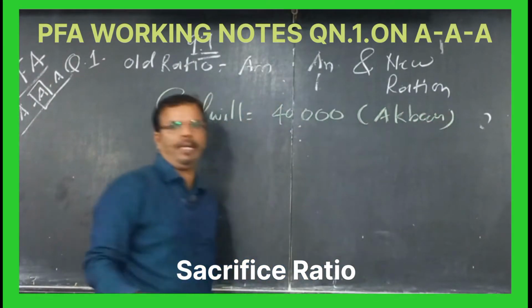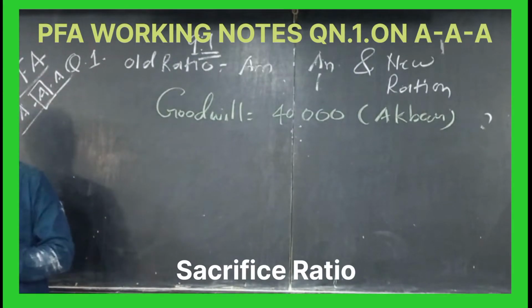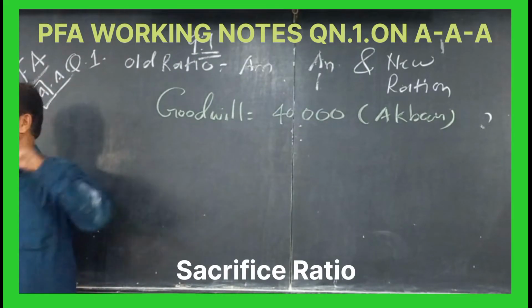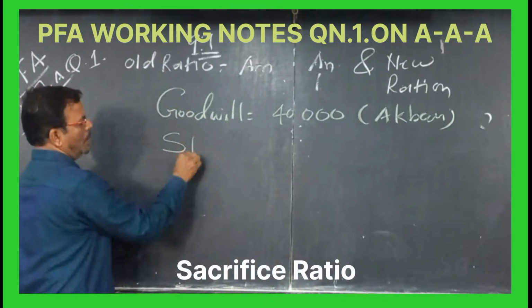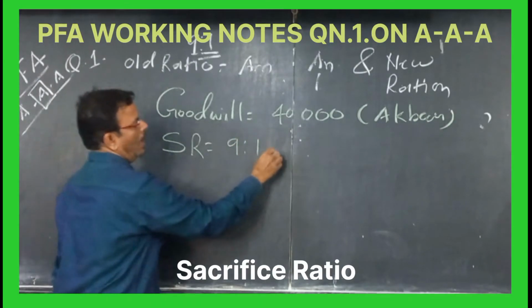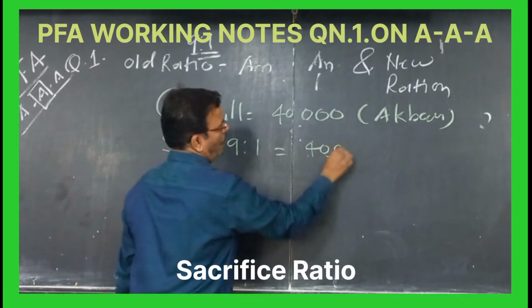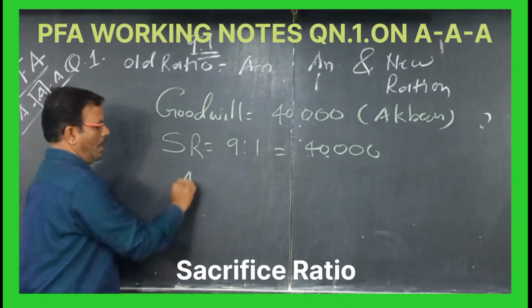How much? Goodwill of 40,000 rupees. And this 40,000 is given to whom? All the old partners in their sacrifice ratio. So we know the sacrifice ratio, 9:1. And how much goodwill is given? 40,000.